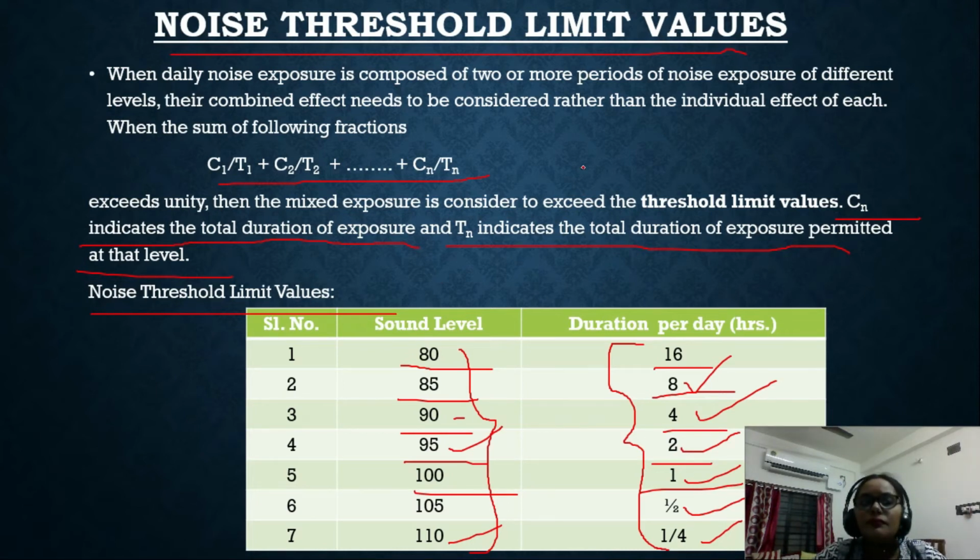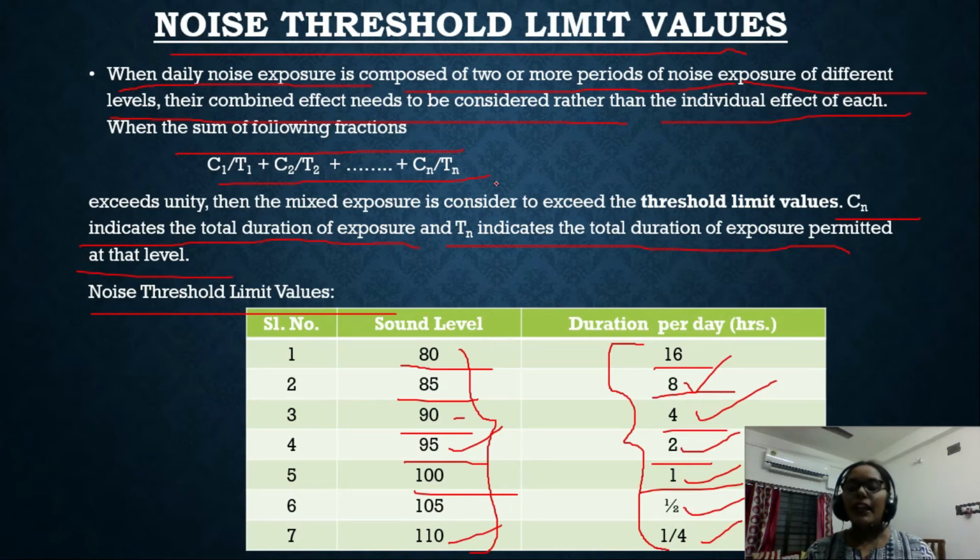Understand? So this is a noise threshold limit when daily noise exposure is composed of 2 or more periods of noise exposure of different levels, and their combined effects we can express this way.